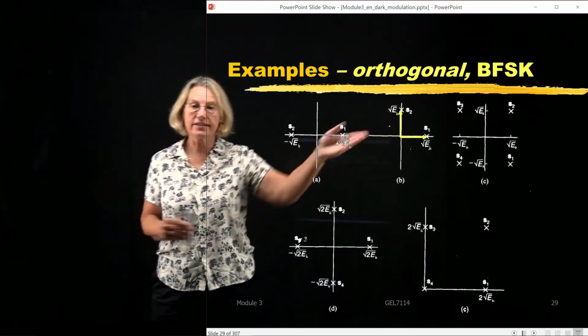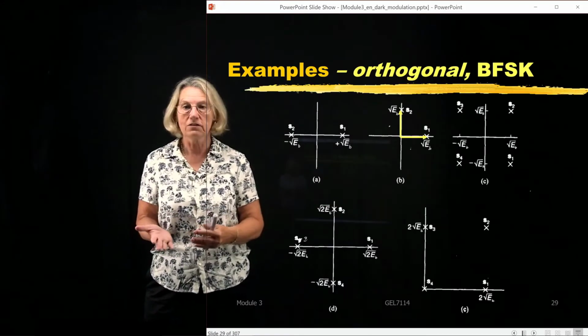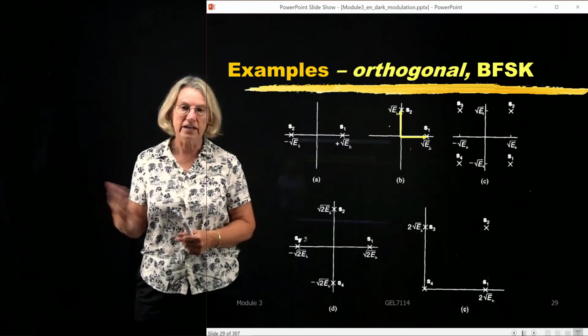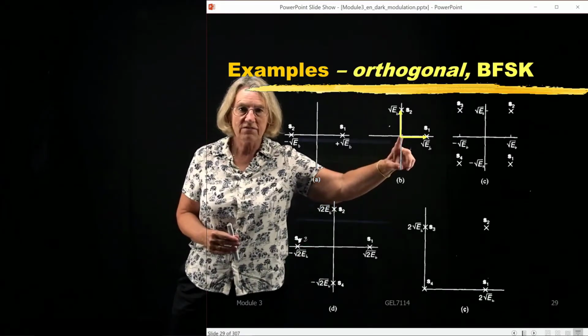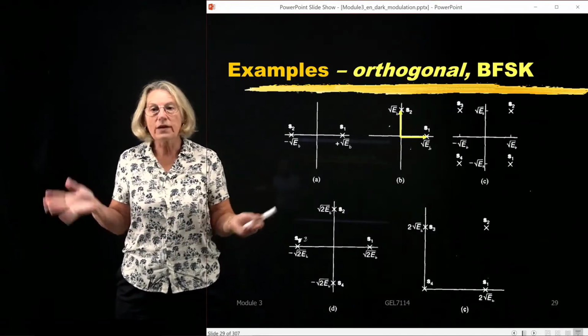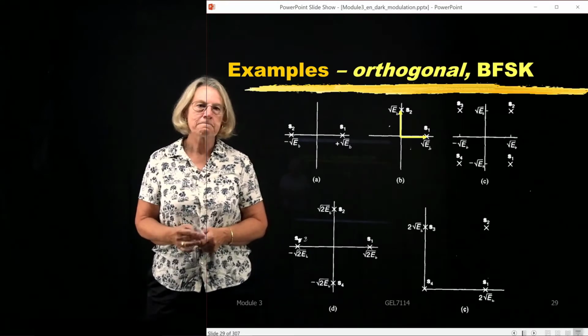And because they're along the x and the y-axis, of course, they're at 90 degrees separation. They are orthogonal to one another. The other example we saw of a binary orthogonal modulation was when one of the vectors was at the origin, and in that case it was a one-dimensional space. But here it's actually a 2-dimensional space.